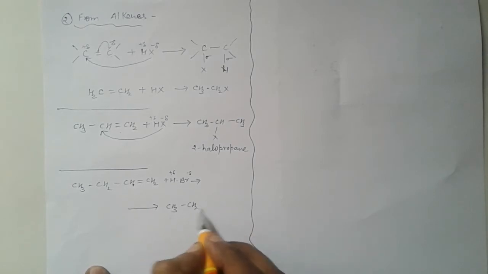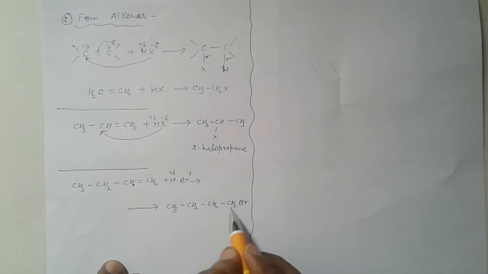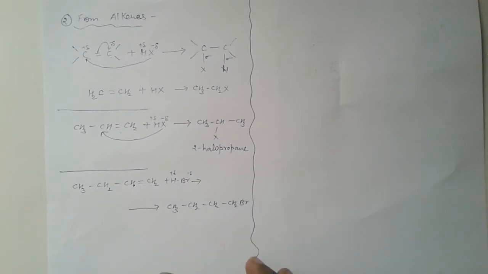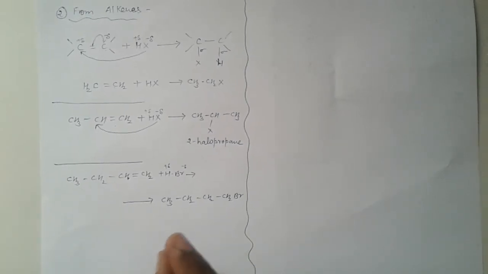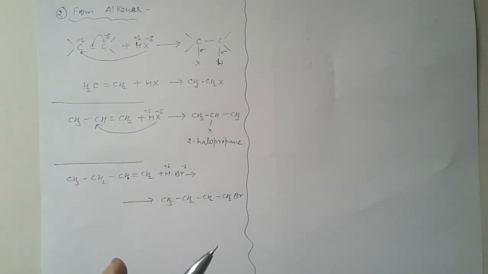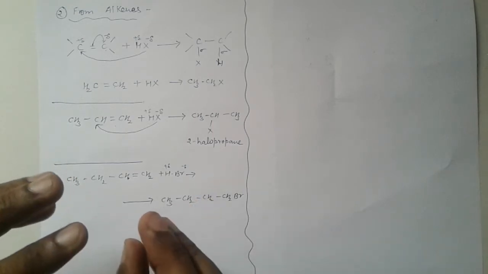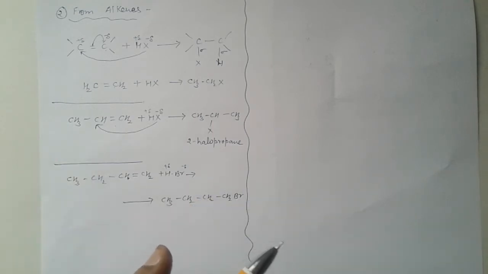So the product will be CH3CH2CH2CH2Br, 1-bromobutane. So these two conditions, the Markovnikov rule and the peroxide effect, are so important for solving conversion type questions.